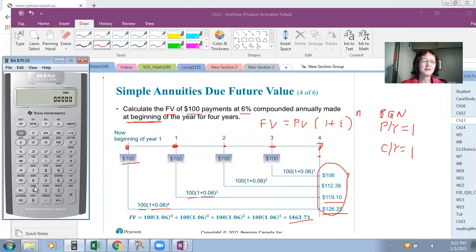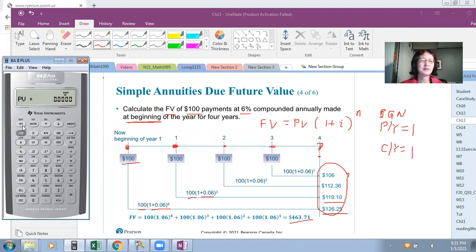So now 100 is the PMT, negative PMT. 6 is interest. Term N is 4. You need to enter 4 numbers. 0 is PV as precaution to clear any previous entries.